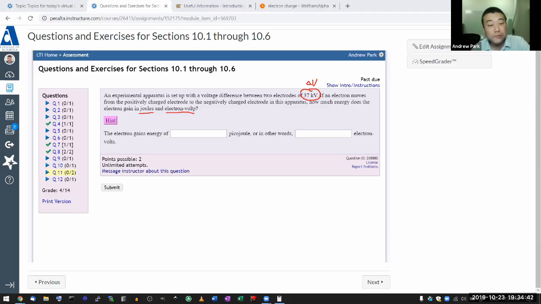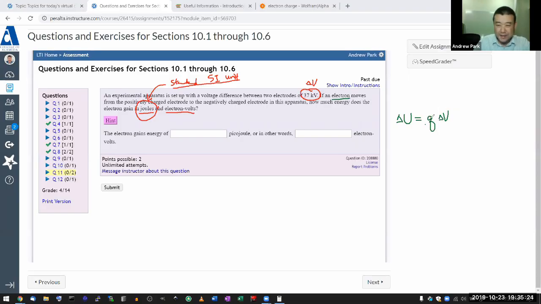I guess calculation-wise, joules are actually not easier, but concept-wise, it's easier. Because joules are a standard SI unit of energy. So this is the expression that I was half remembering there: the change in potential energy from a change in electric potential is equal to the charge of the test charge, or in this case the electron, times the change in the electric potential.